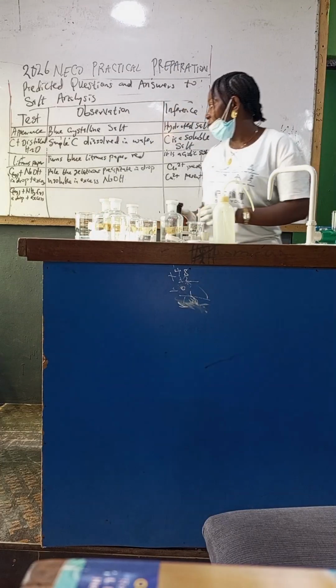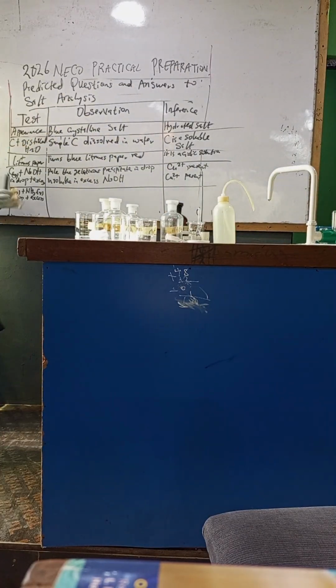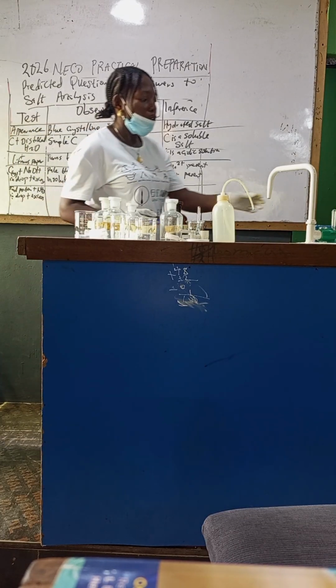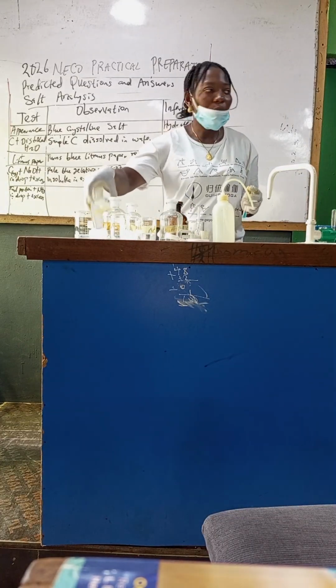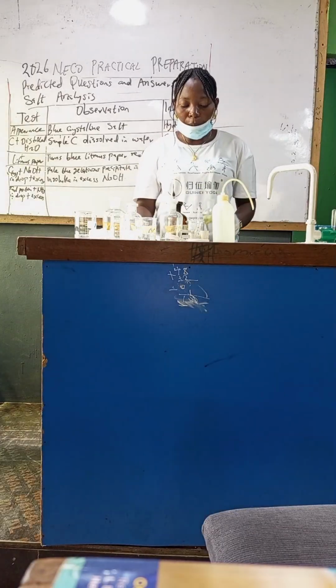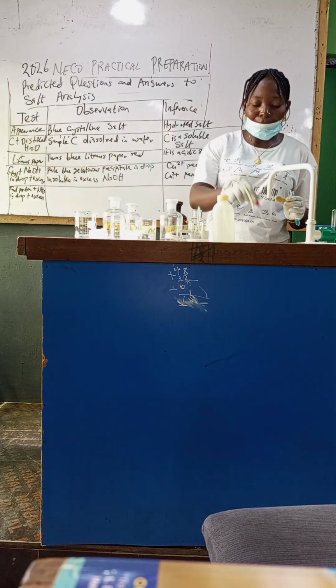Sorry, second portion. Remember we divided into 3. Second portion plus ammonia in drop and in excess. So this is the second portion of it. We have our ammonia, using my dropping pipette.